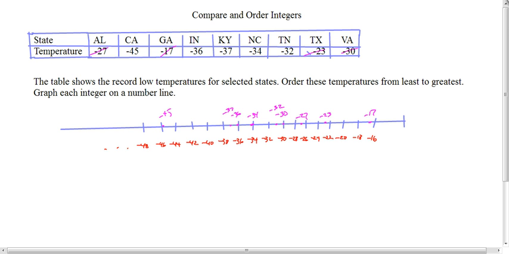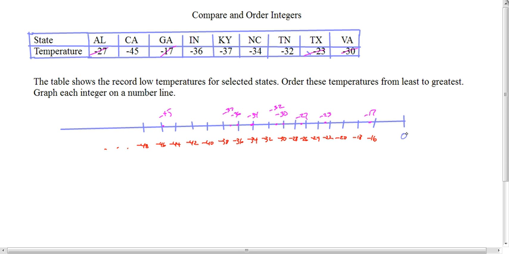Okay, so now we do have our numbers listed on the actual number line. Again, when we're talking about numbers on the negative side, as they go left, the numbers get smaller.